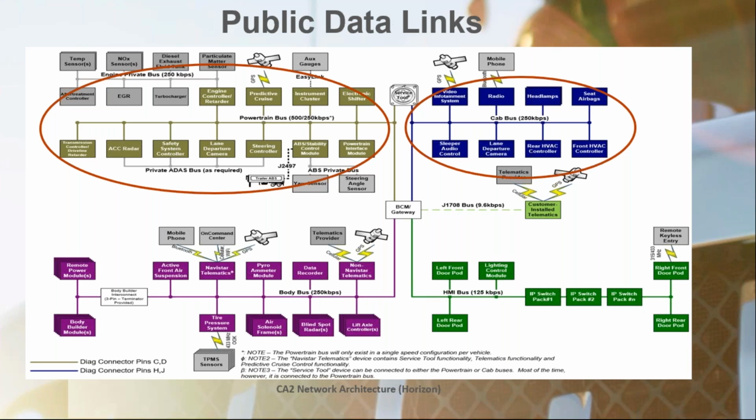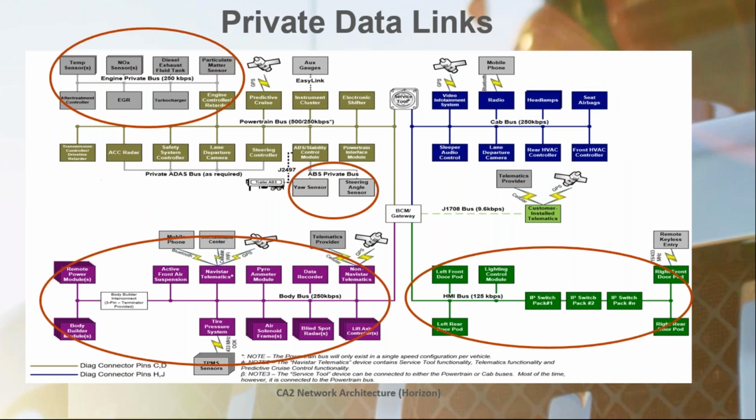You have in the middle there an ABS private. If it's got the advanced braking system with either roll stability or electronic smart protection, it's going to have collision avoidance, which can be a portion of the ABS system now, tied into that private.